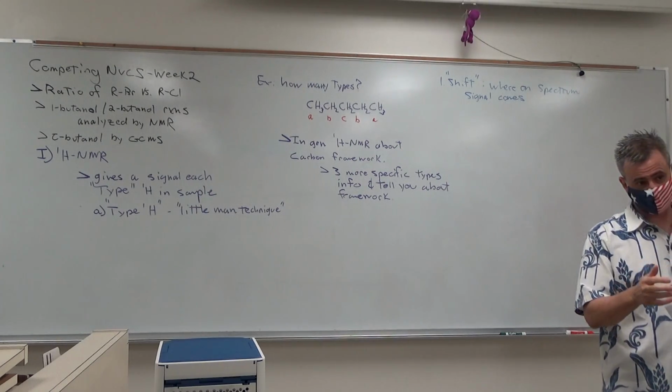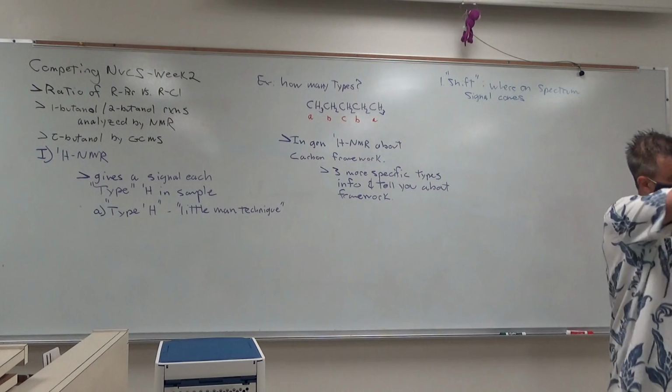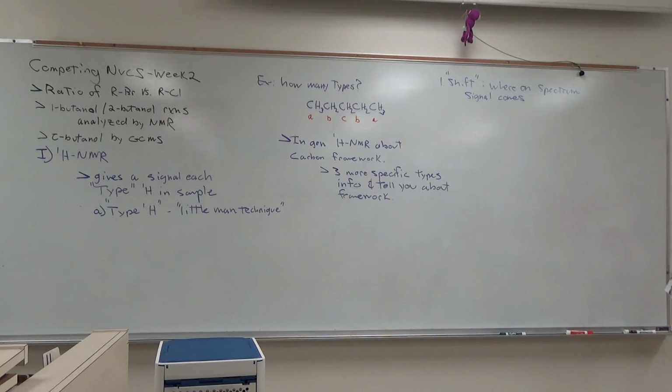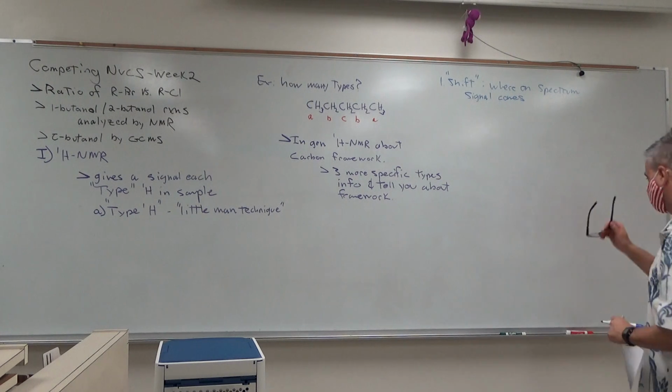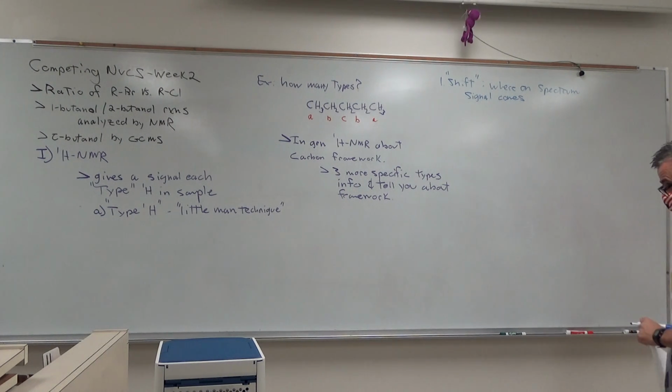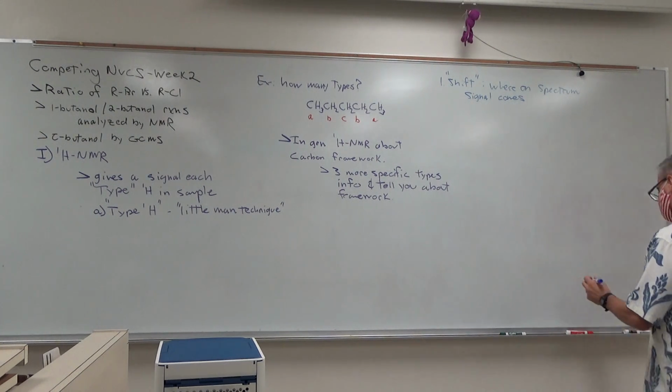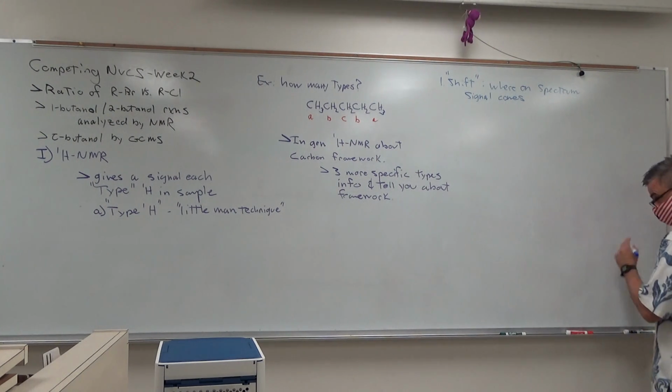If it's the same compound, we want all those different NMRs to yield the same spectrum. So we use a parts per million scale. That wasn't the best explanation, but nonetheless.